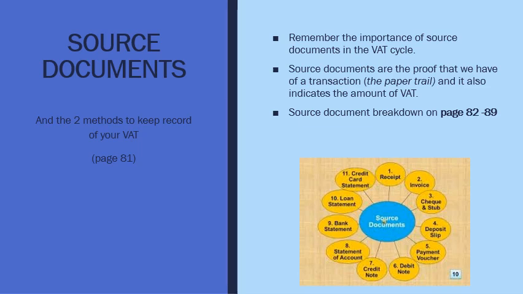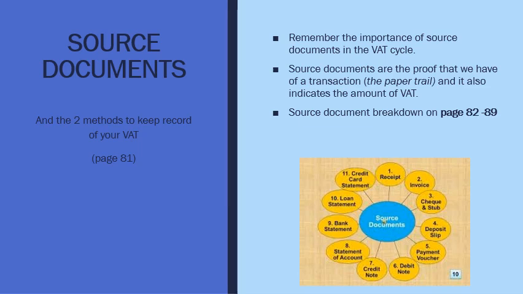The reason why source documents is an important part of this chapter is because source documents show that. I said in the previous learning unit 1, source documents give us the detail of a transaction that occurred. It's the paper trail. It's also then the paper trail for not only what I bought, but also if there's VAT applicable or not.